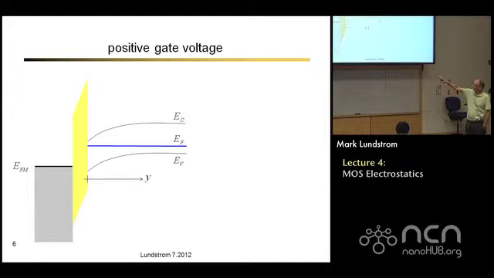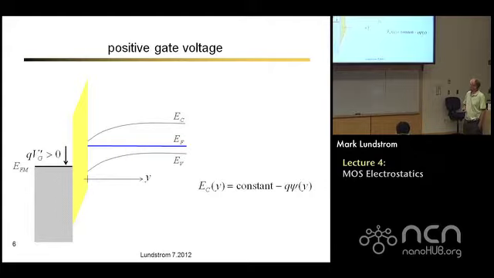And it penetrates into the semiconductor and pulls down all of the energy levels in the semiconductor and starts pulling the conduction band down near the Fermi level. So my energy band diagram looks like that. That's a positive gate voltage. Okay. And my conduction band is varying with position because the electrostatic potential is varying with position.